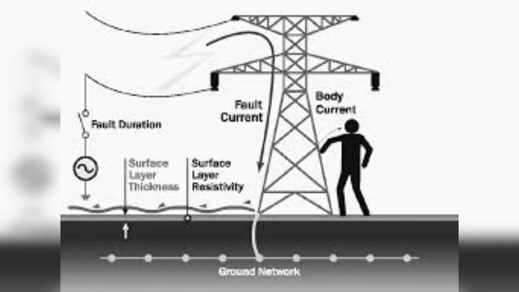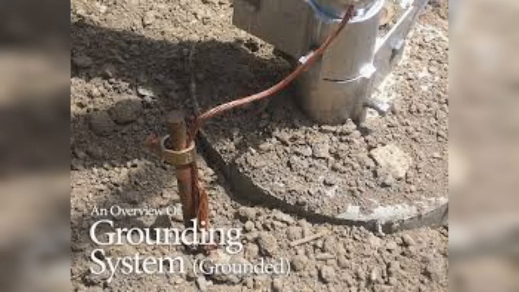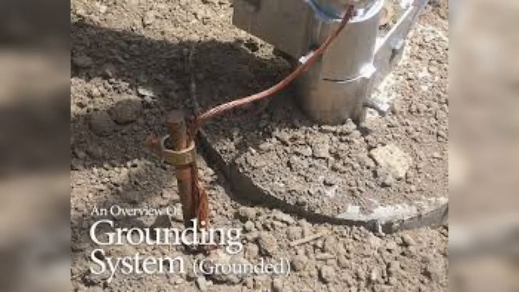The grid current, fault duration, soil resistivity, surface material, and the size and shape of the grid all have a substantial effect on the voltage in and around the substation area.